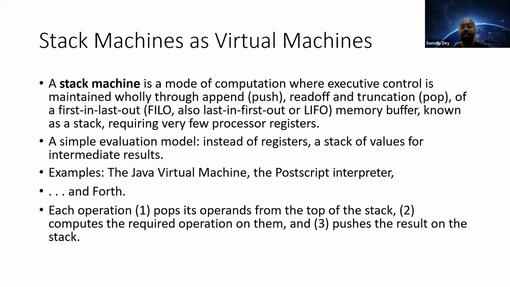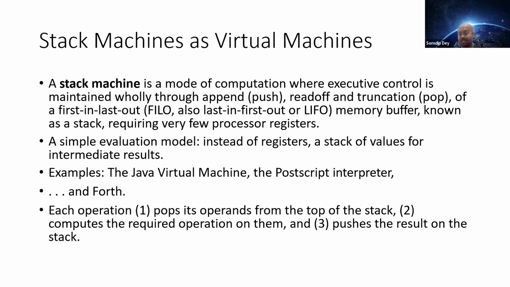A stack machine is a mode of computation where executable control is maintained wholly through the append or push operation, read off, and truncation or pop operation of a first in, last out memory buffer, which is called a stack.